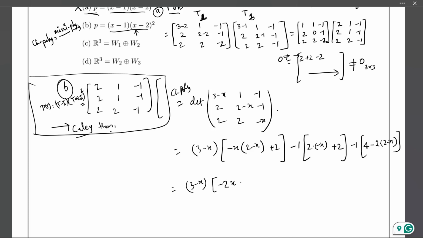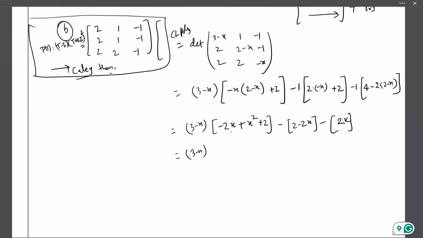Minus 2x minus x square here, plus 2, minus 2 minus 2x, minus 4 minus 4, plus 2x, only 2x left. So if you add them, it should be 2x. Oh sorry, 2x only left. Correct.